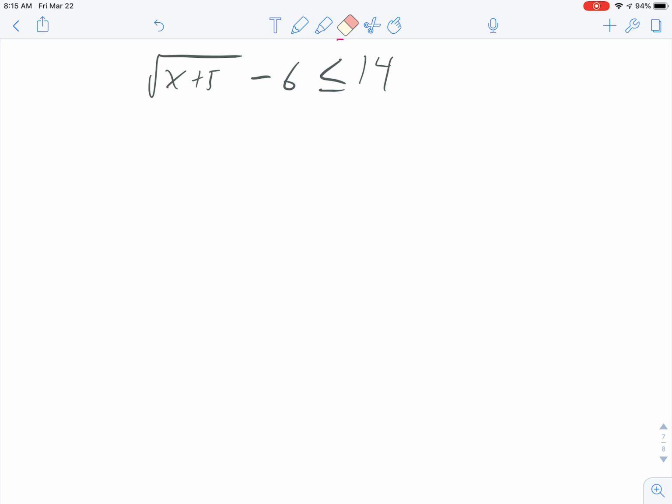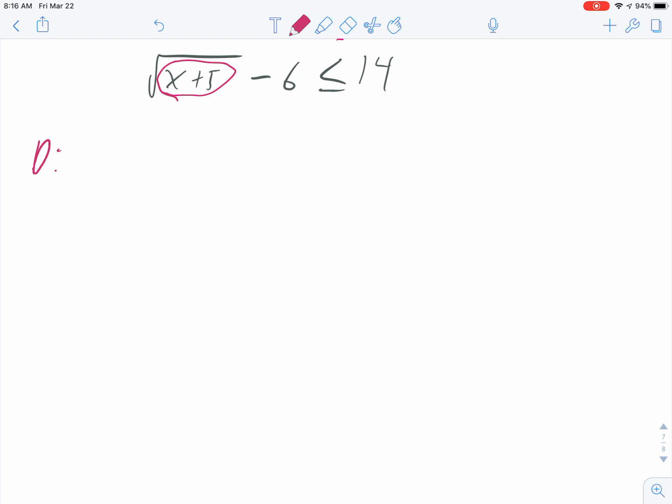So before we solve the inequality, we want to determine the domain, the x values that actually give us real numbers. The way to do that is to determine all the x values that keep what's underneath the radical non-negative. We don't want a negative under there.